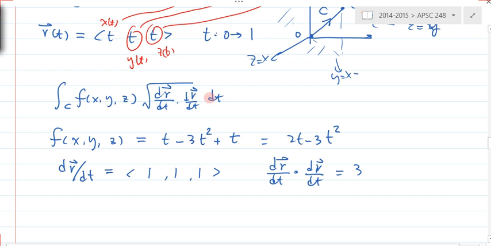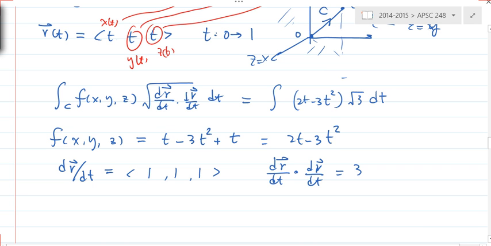So now we're able to fill out all the blanks in this whole integral. What are we integrating? We're integrating this function, 2t minus 3t squared, times the square root of 3, dt.